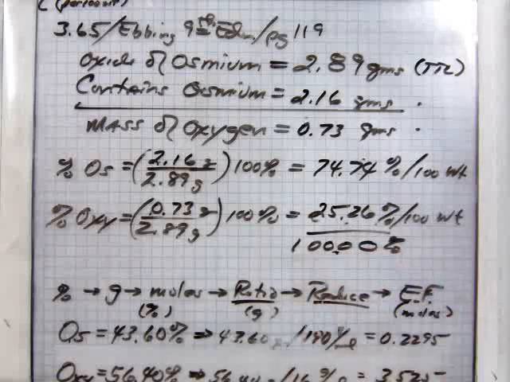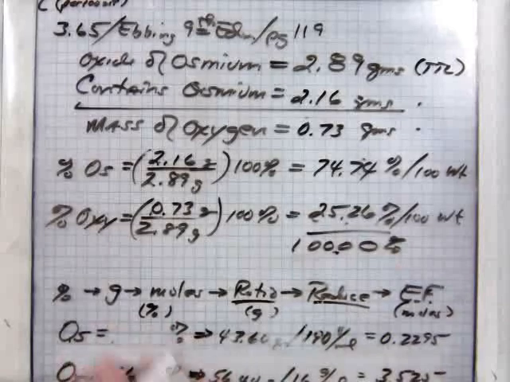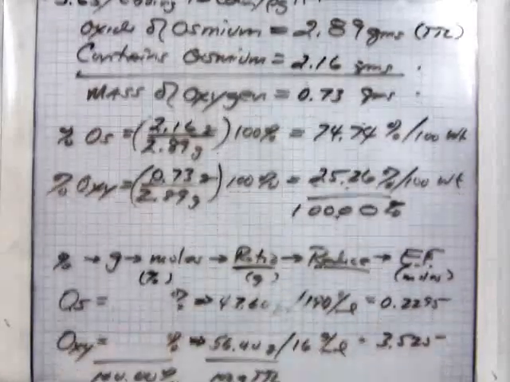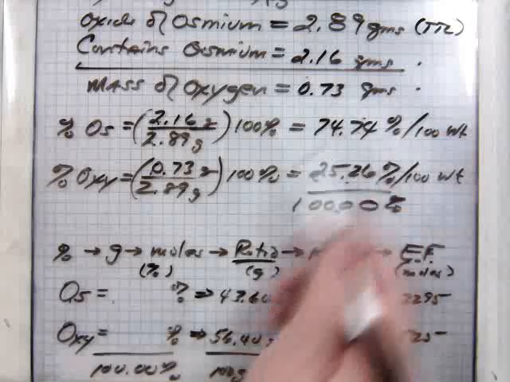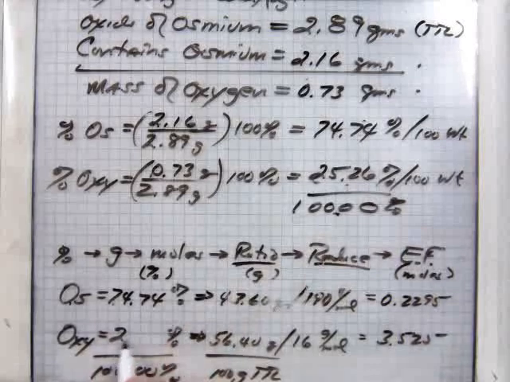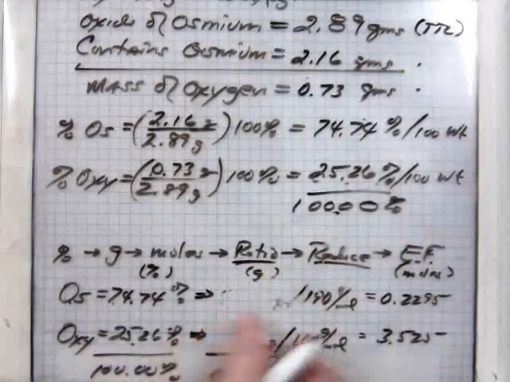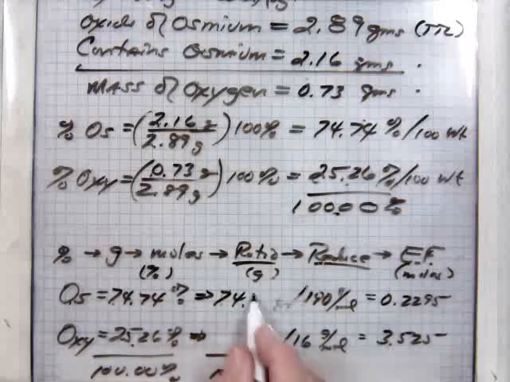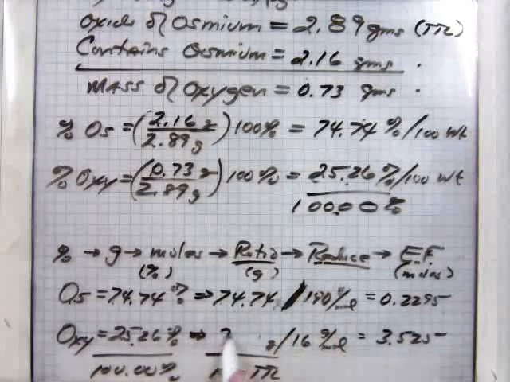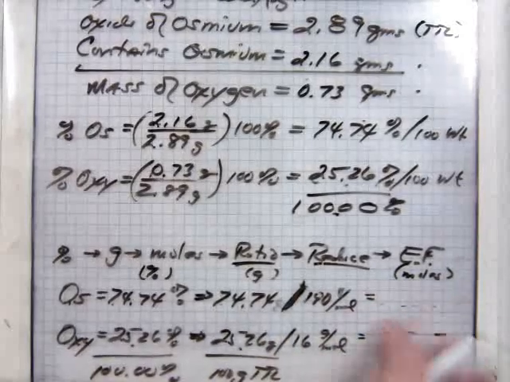Now that gives you the hundreds, so we want to now make this conversion. Bring it down here. 74, 74, 25, 26. 74, 74 divided by 190. And 25, 26. Those are corrected.